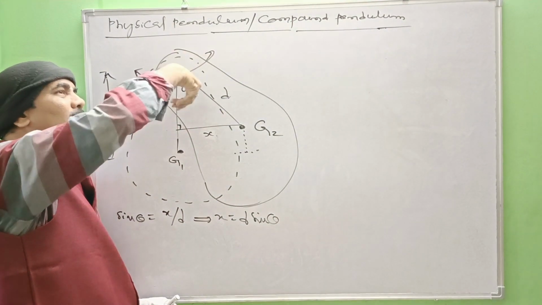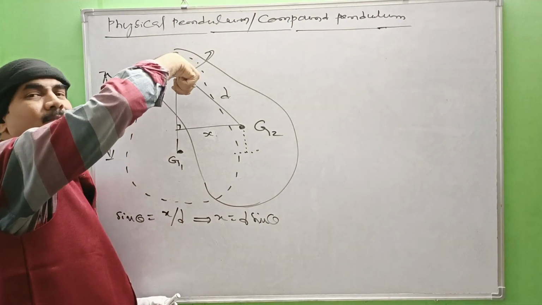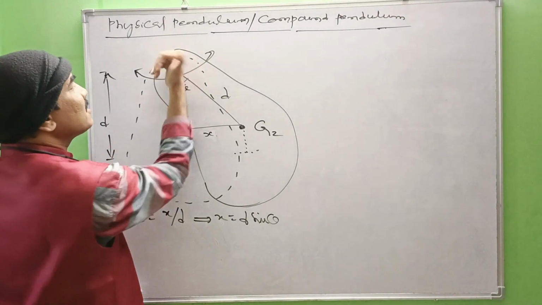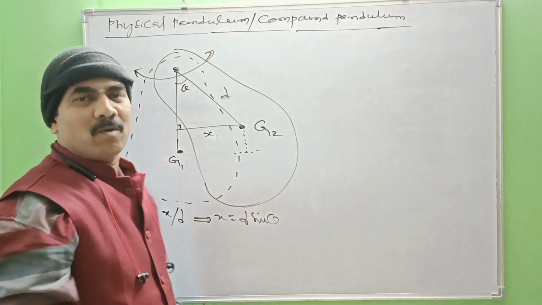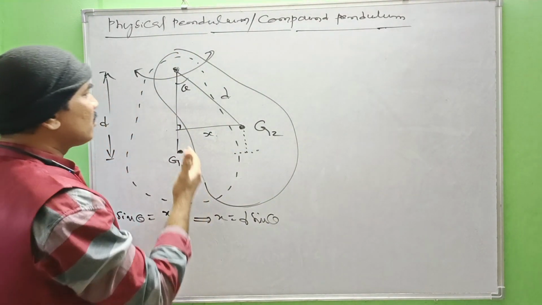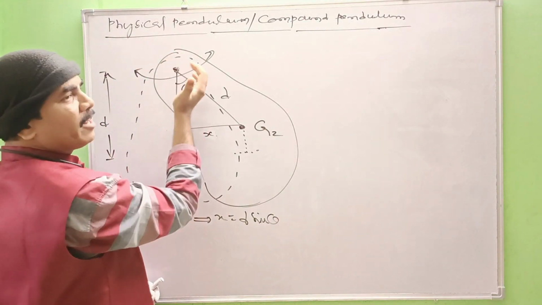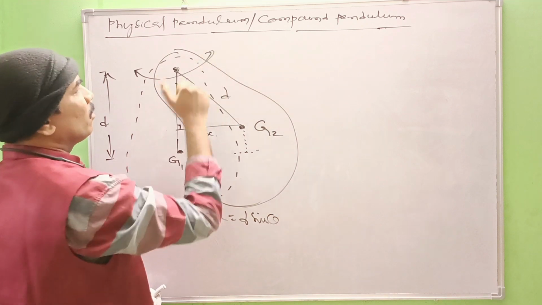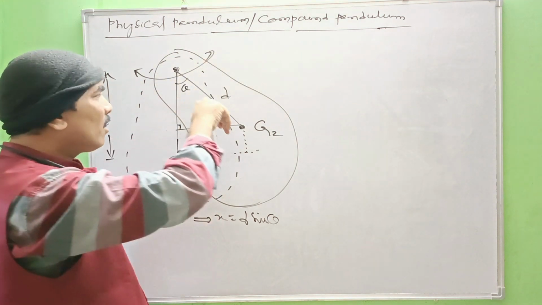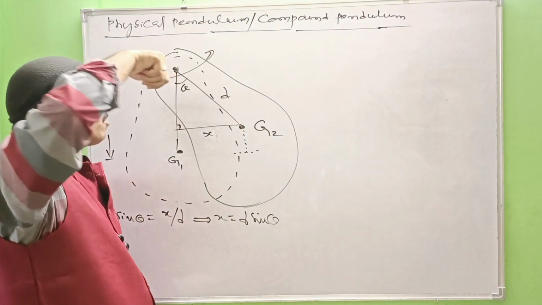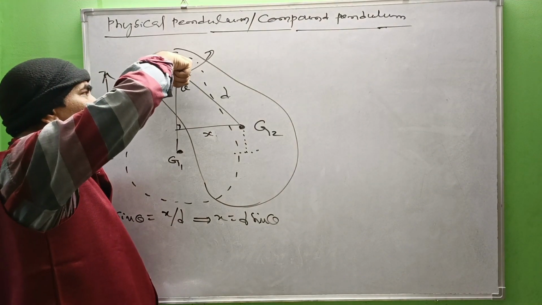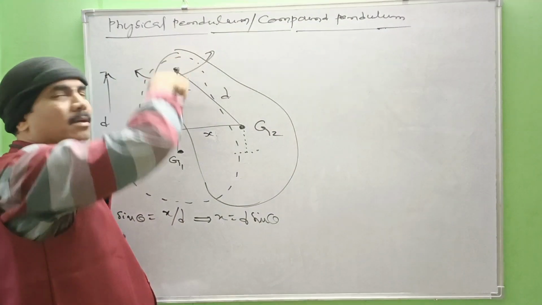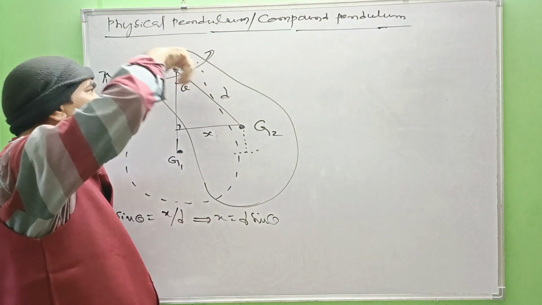As per the right hand thumb rule, the deflecting torque is along the axis of rotation, outward from the board. But the restoring torque also acts along the normal axis passing through the hinged point, but normally inward.